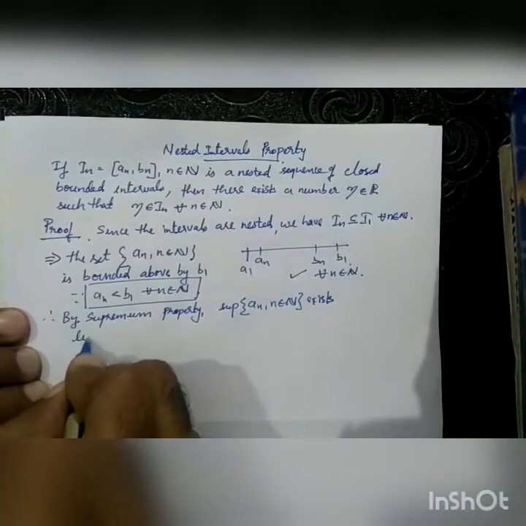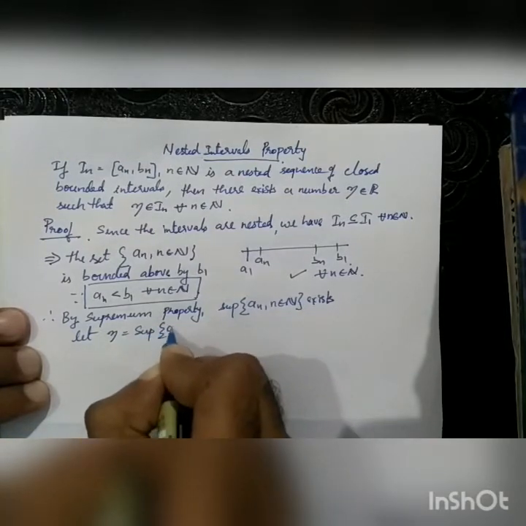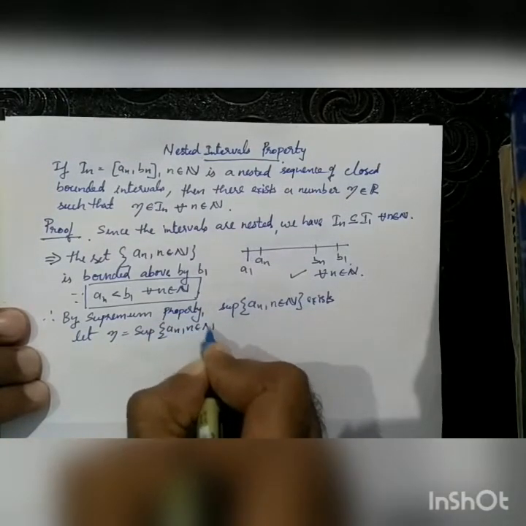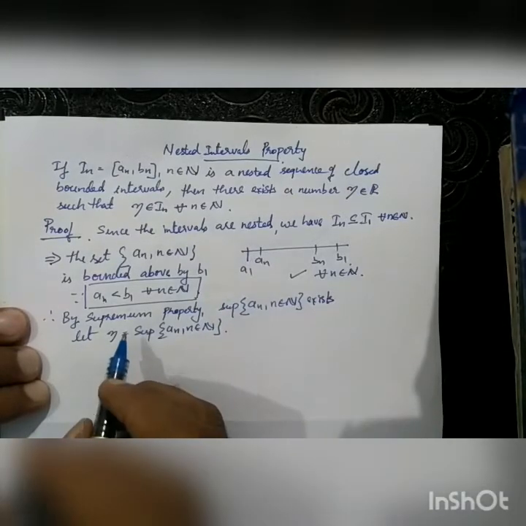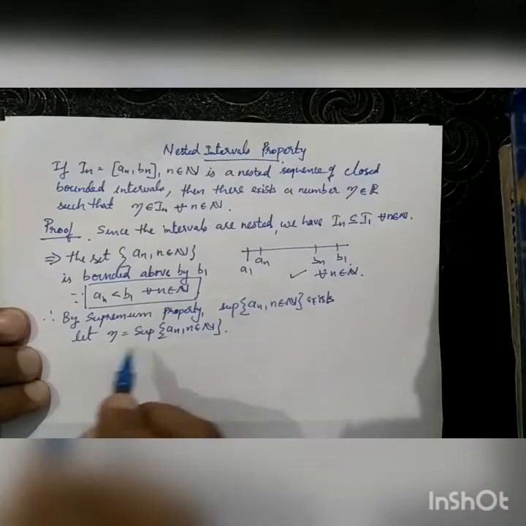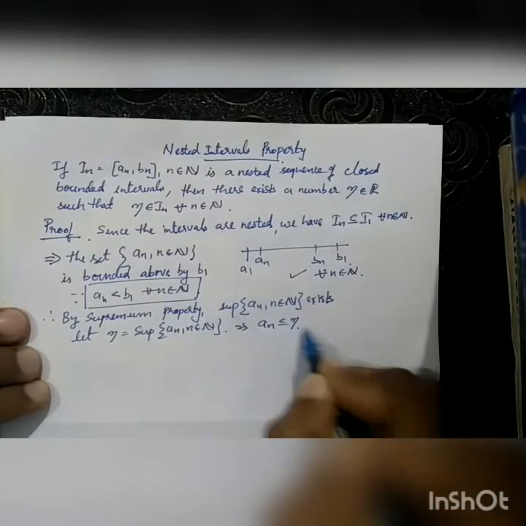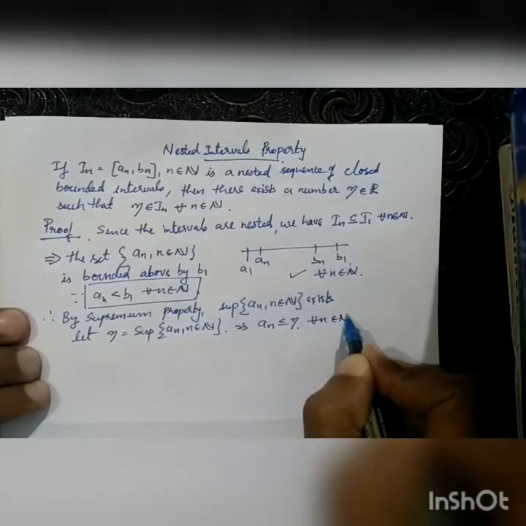Okay, so let eta be equal to the supremum of the an's, where n is a natural number. So eta is the supremum of all these elements. So this implies an will be less than or equal to eta for every n belonging to N.